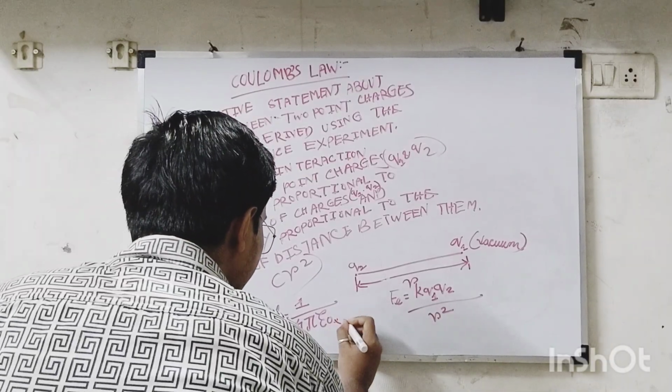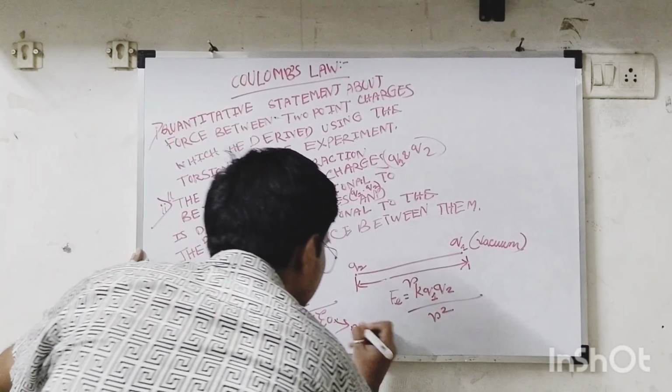Now what is epsilon naught? It is called the permittivity of free space.